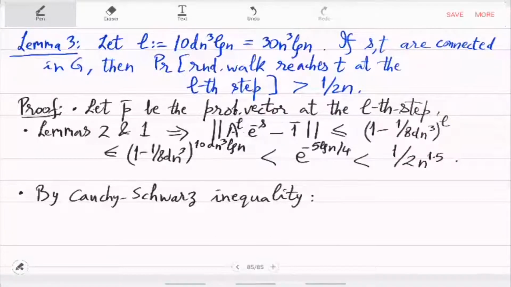So you will get that A raised to L e bar S minus 1 bar is less than or equal to, take the one norm, since we want to extract information about a single coordinate.